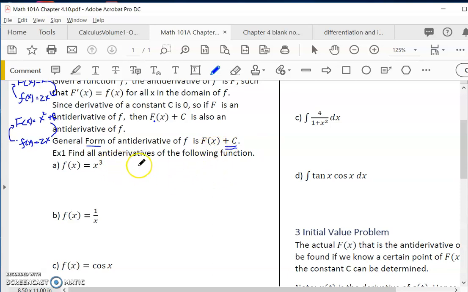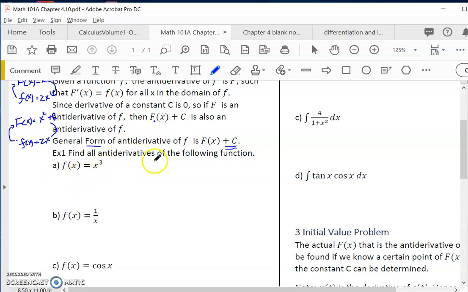So how do I do it? The way to do it is really to look back. Where would big F of x come from, so that when I do a derivative, it would become this f of x? So I want to find the general antiderivative of x cubed.